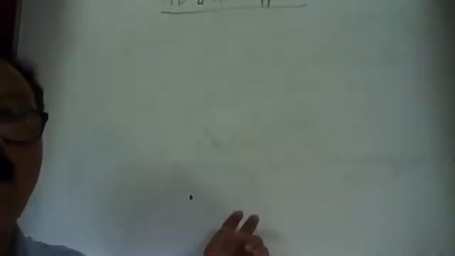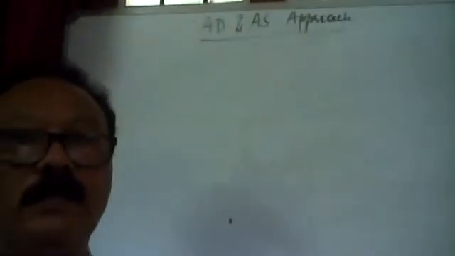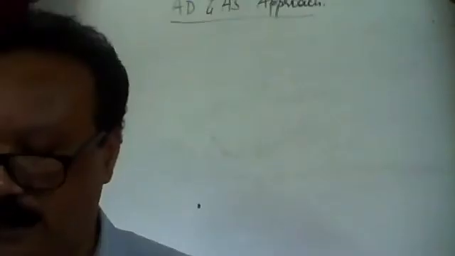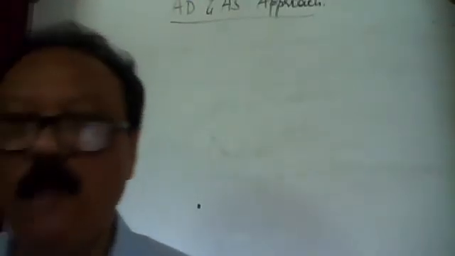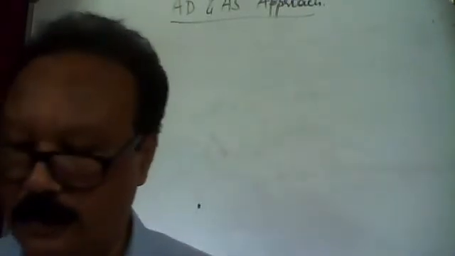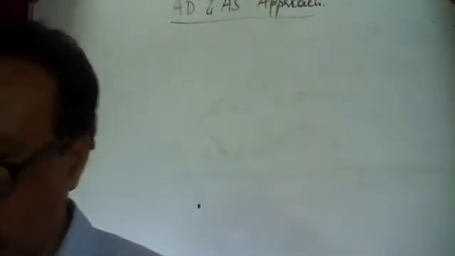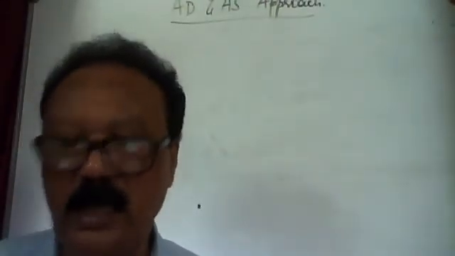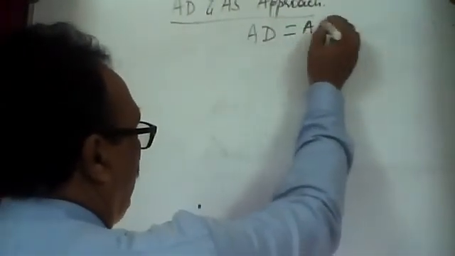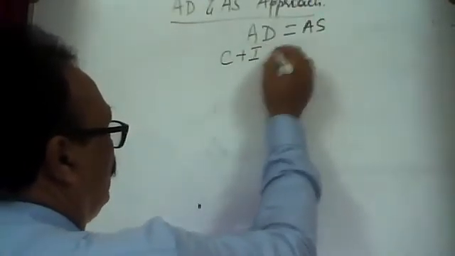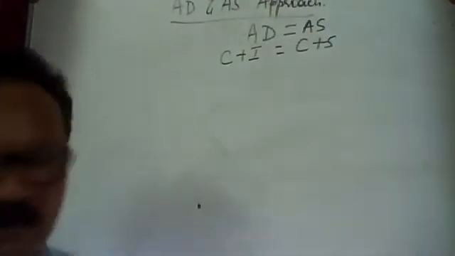According to Keynes, the equilibrium level of income and employment is determined when aggregate demand is equal to aggregate supply, where AD equals AS, or C plus I is equal to C plus S.